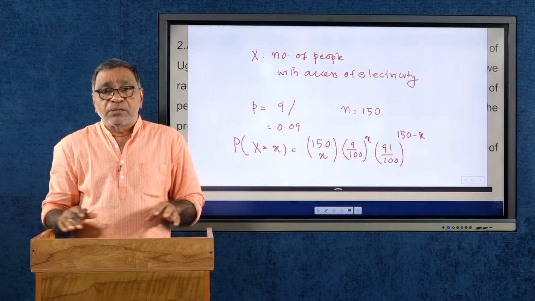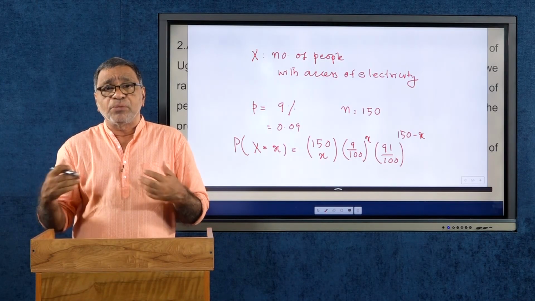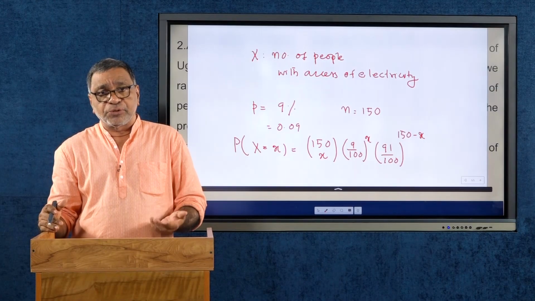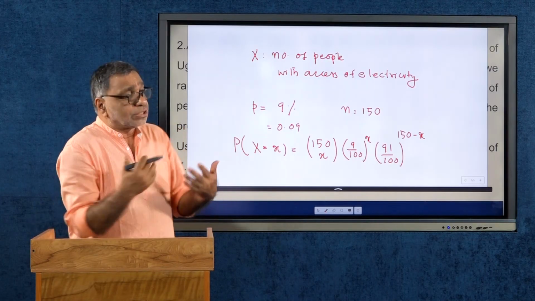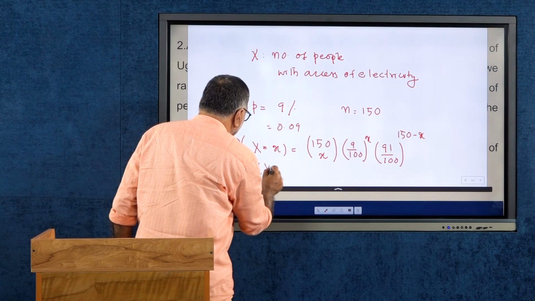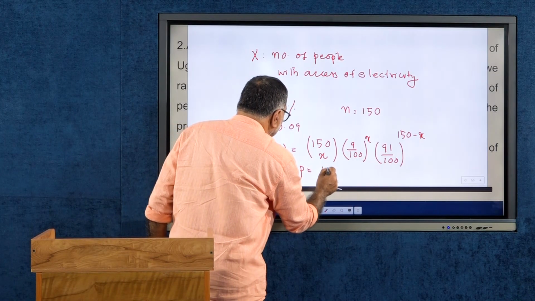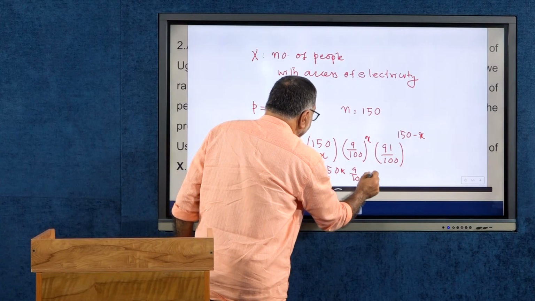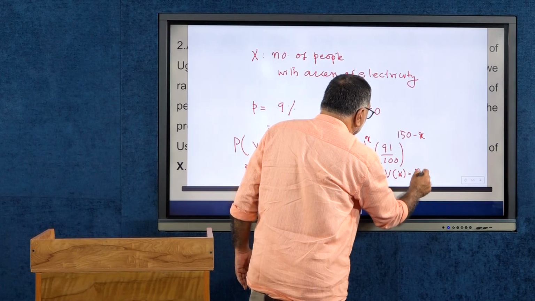In this type of situation we can apply the binomial distribution for finding probability values. Suppose the question is regarding the mean number. The mean, the expectation of x, is equal to np, that is 150 times 9/100. Suppose the question is about variance, you can find the variance of x as npq.